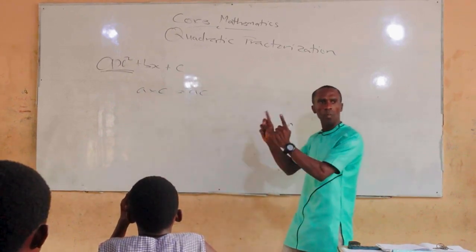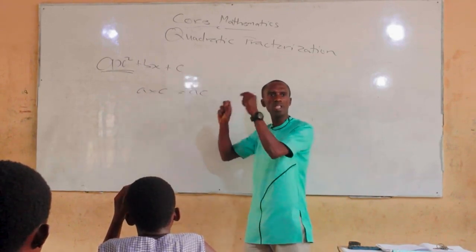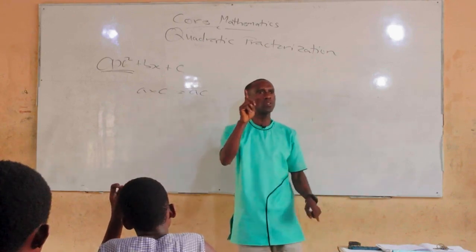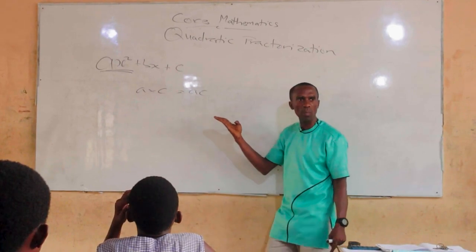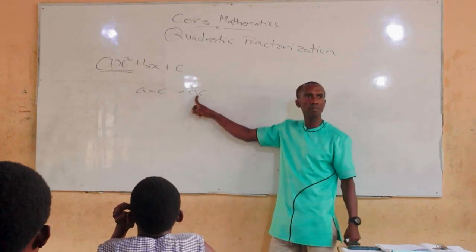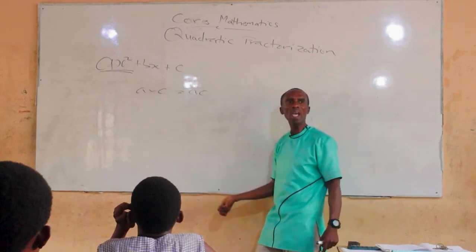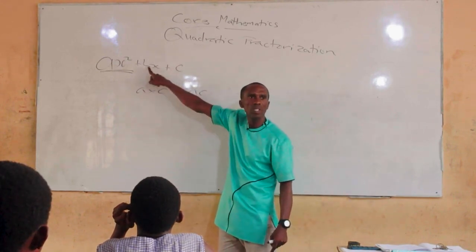Now, once this expression can be factorized using the method of inspection, then two conditions should exist. One, there must exist two numbers. When we multiply, we will get this result. Then when we add the same numbers, we will get the coefficient of x here, which is b.